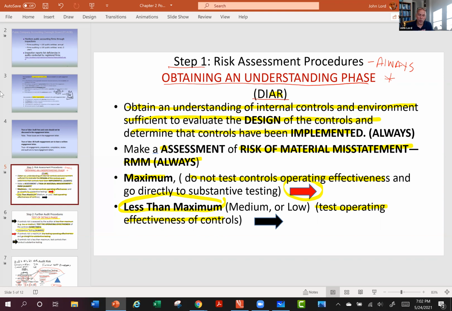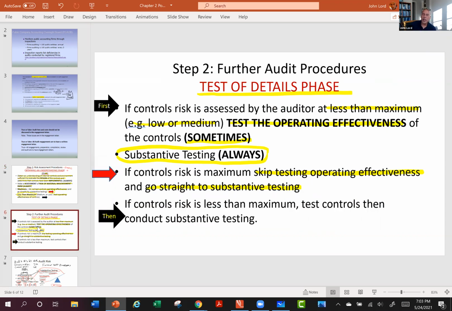Okay, what do we do? We obtain an understanding of the entity, including its internal control, sufficient to evaluate the keywords design of the control, and see that the control has been implemented. When we do that, we are able then to assess the risk of material misstatement. If we assess the risk of material misstatement at the maximum, we will bypass the testing of the operating effectiveness and go directly to our substantive testing.